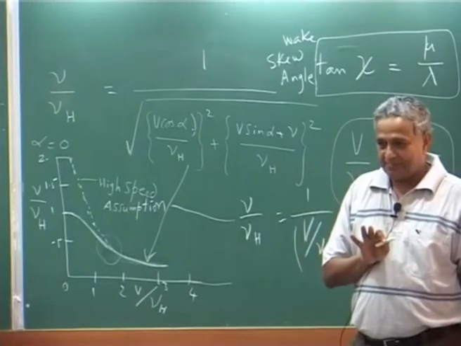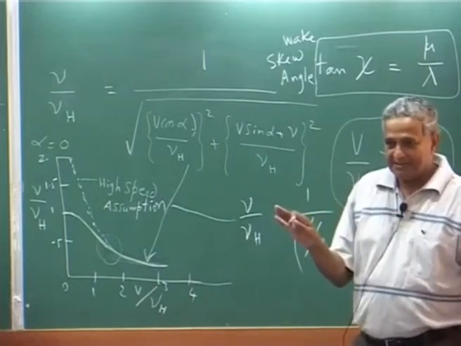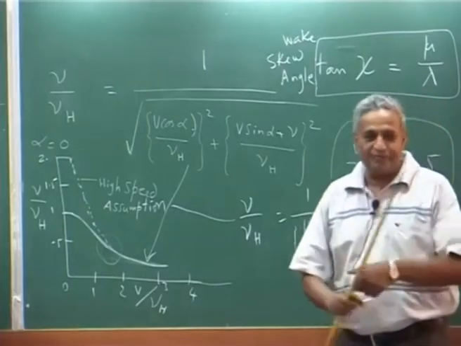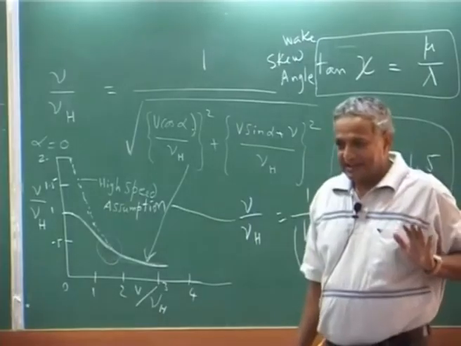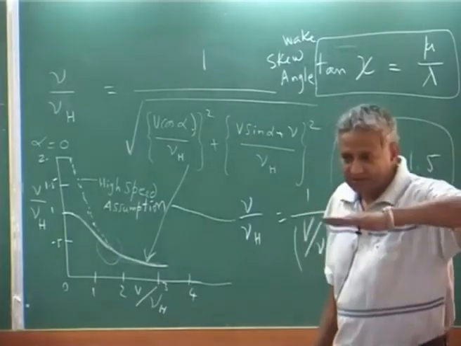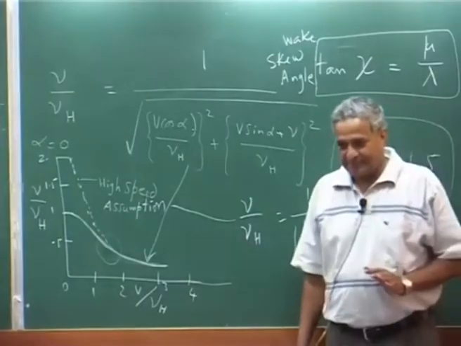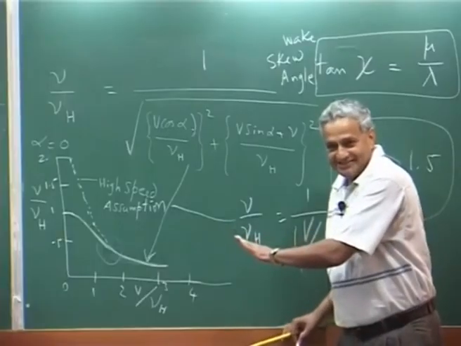Alpha does not define the high speed. It is the velocity that defines the high speed. Alpha defines whether you are climbing and moving forward. That is all. I can have alpha 0 and the disc can go like this. Is it clear?